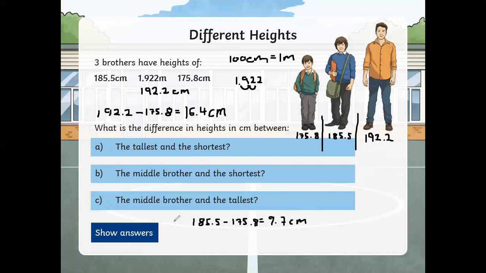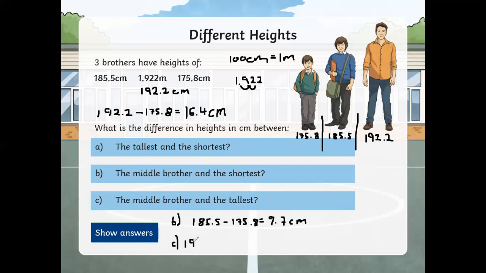And then finally, for question C, the difference between the middle brother and the tallest. So this is B, and then C over here. We will have the difference between the middle brother and the tallest. So we will go 192.